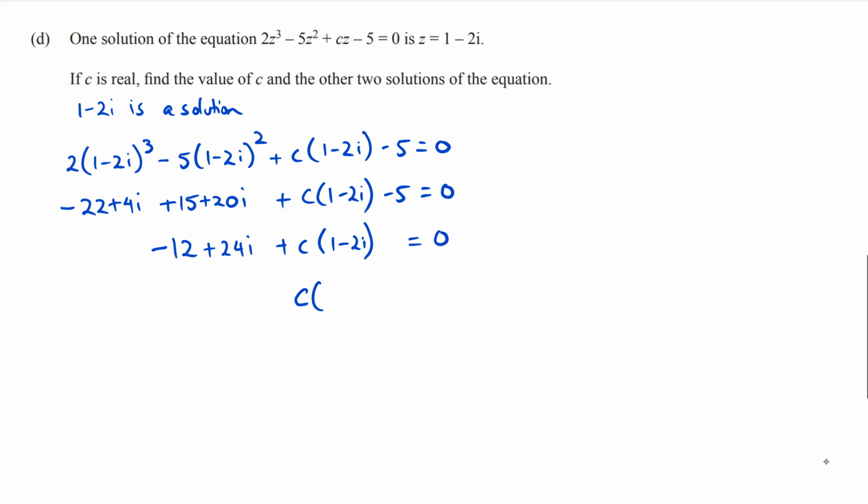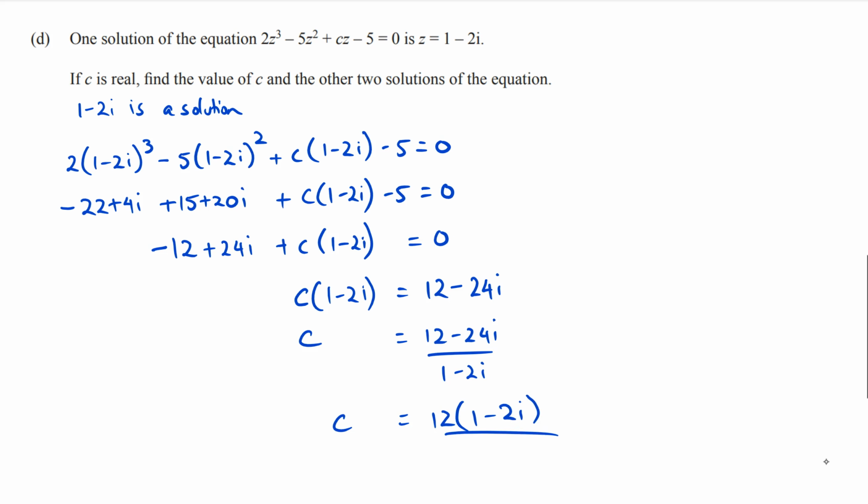And then I can say that c times (1 minus 2i) equals positive 12 minus 24i. And then c is equal to (12 minus 24i) divided by (1 minus 2i). And then c is equal to 12 times (1 minus 2i) divided by (1 minus 2i), therefore c is equal to 12.